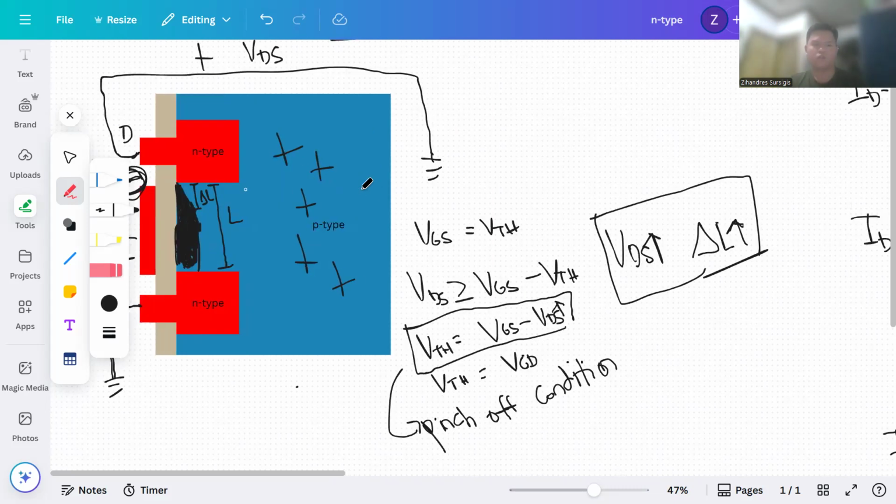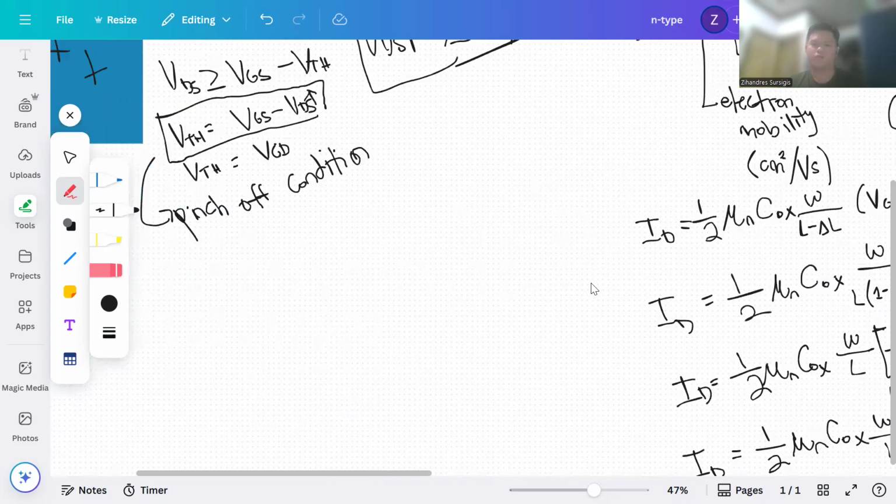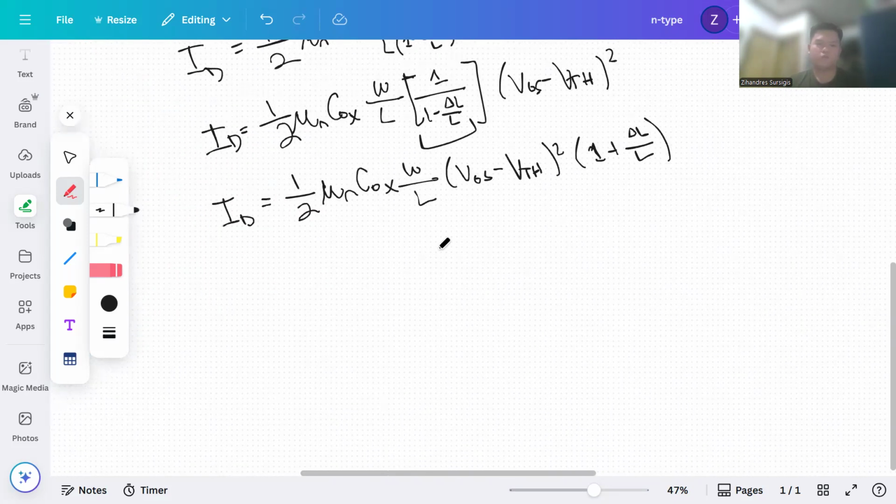So, if they have some sort of relation, let's assume that relation is they are directly proportional to one another. Meaning, ang assumption will be the delta L over L is directly proportional to VDS.